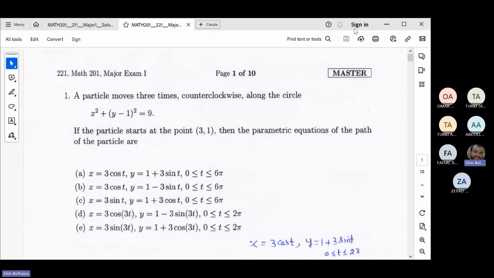Just 1 second. Okay, it's uploaded for section 17 right now. I don't know, anyone from section 15 here?